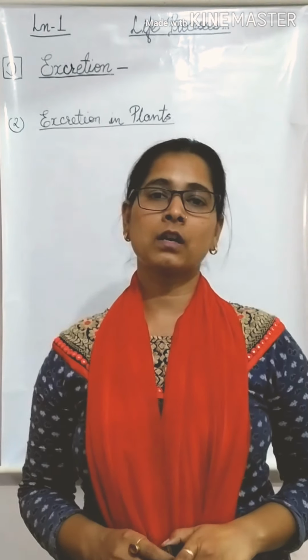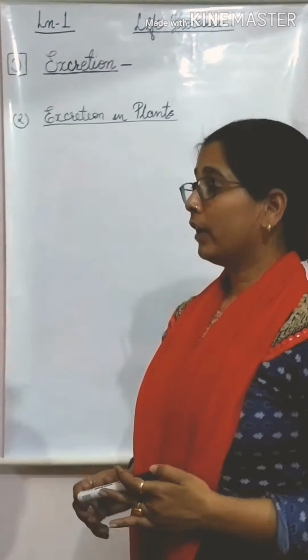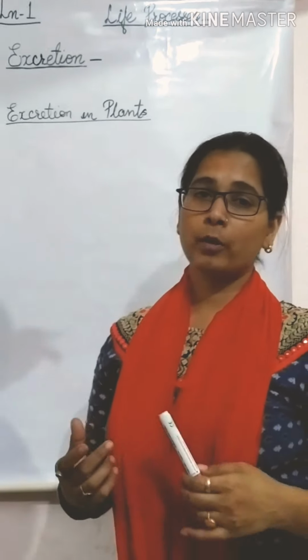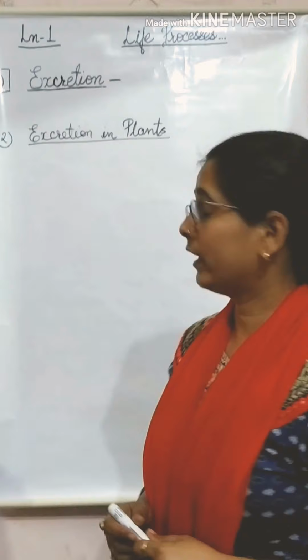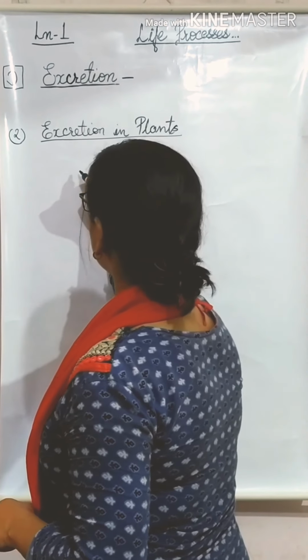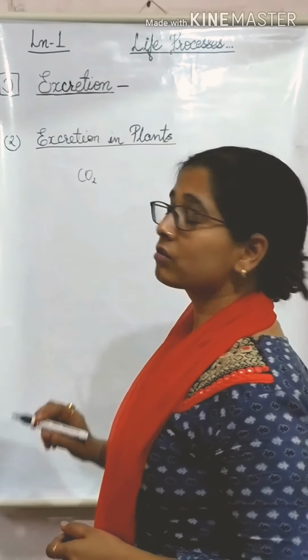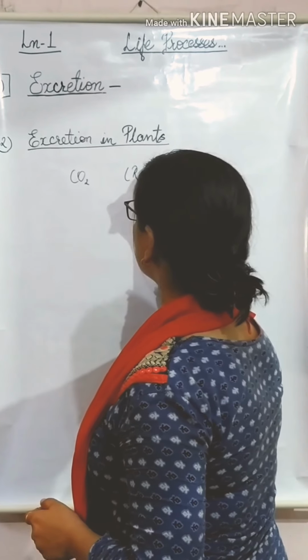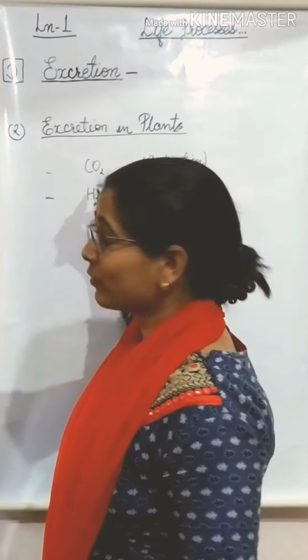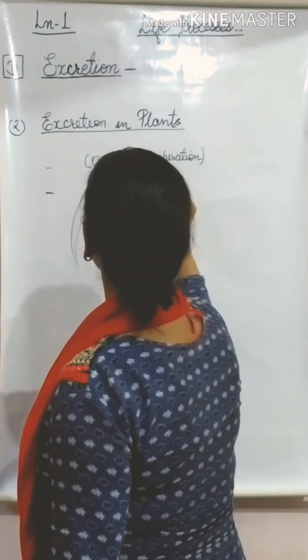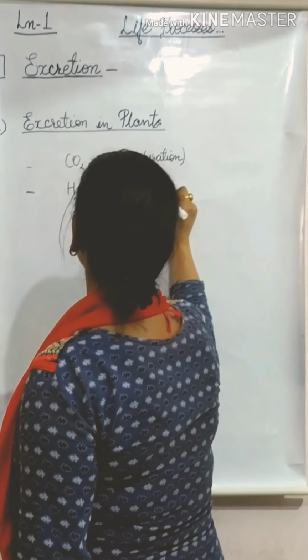Excretion is a process which occurs in plants also. In case of plants, first we should know what their excretory products are. The first excretory product is carbon dioxide, which is produced during the process of respiration. The excretory waste is also water, which is produced during the process of transpiration.